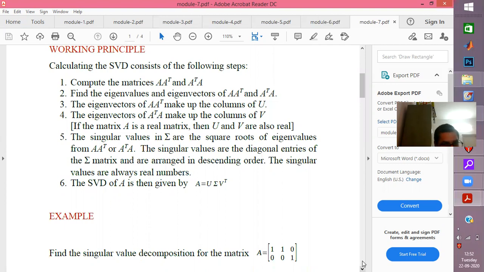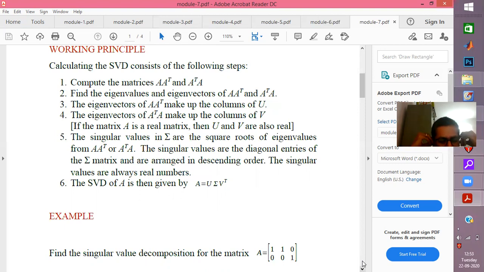In general, the first step is to compute A into A transpose and A transpose A. The second step is to find the eigenvalues and eigenvectors of both A into A transpose and A transpose into A. The normalized eigenvectors of A into A transpose will form the columns of U. Similarly, the matrix V will consist of the orthonormalized eigenvectors of A transpose into A. And then the matrix of singular values, denoted by sigma, will consist of the square roots of the eigenvalues of A into A transpose or A transpose A along its diagonal.